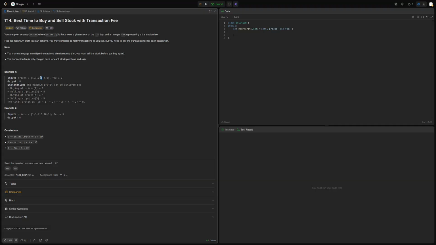And then if I wanna sell here, then I wanna try all combinations of... so essentially this plus 2, so this minus what?